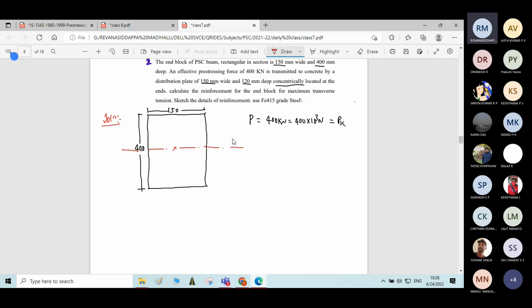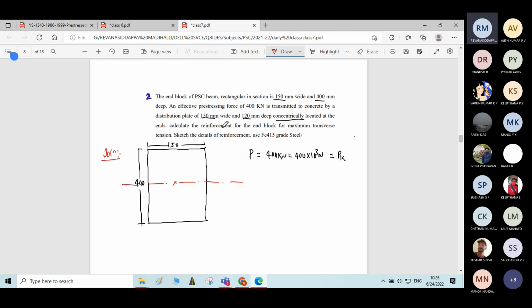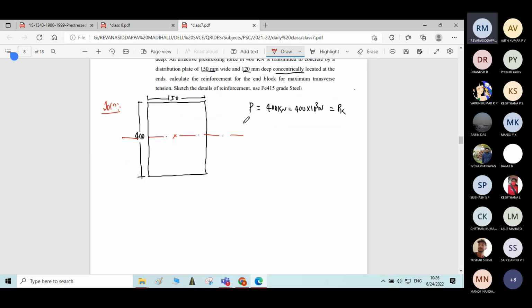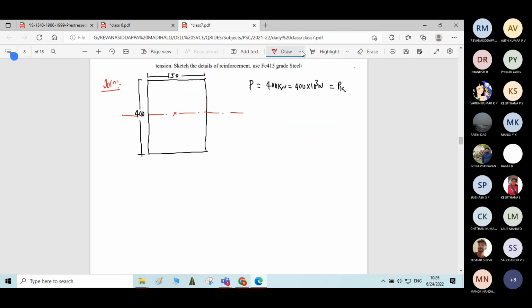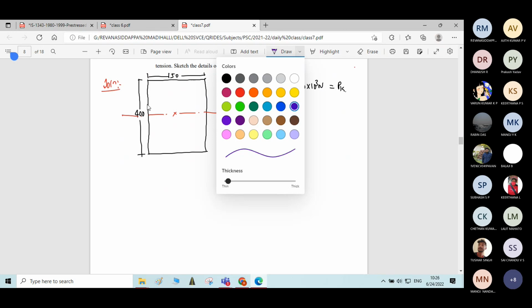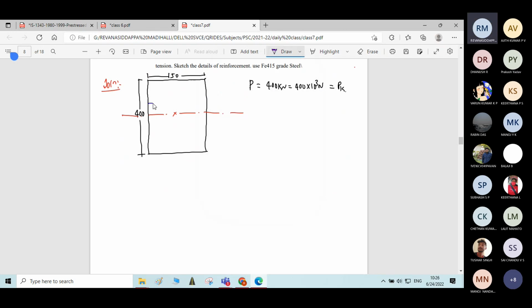Central axis, and that plate having dimensions of 150 mm wide and 120 mm deep. 150 mm wide means it is equal to the width of the beam only. And depth of the plate is nothing but 2 YP naught only. 2 YP naught is equal to how much? 120 mm. It is directly given.